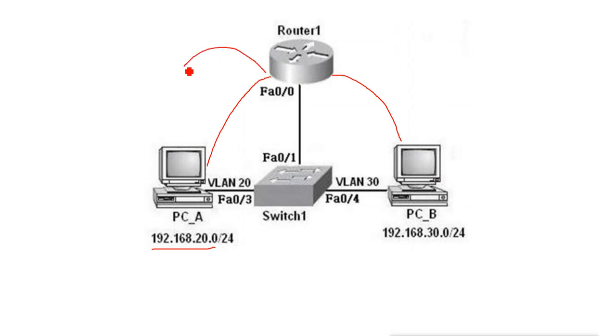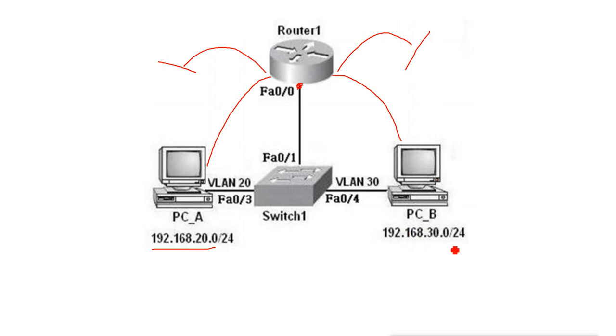Remember, this is a logical interface, not a physical one. I will not configure any IP on the physical interface. The network IP of this VLAN, which is the gateway for these machines, I will configure on this logical interface.